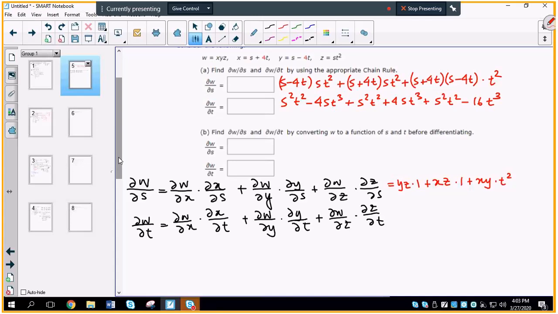So these are all the terms that I'm expecting once I have FOILed and distributed everything. What else? Well, you can combine terms. As you can see, I have 3s squared t squared, minus 4st cubed plus 4st cubed will cancel each other, and I will have minus 16t cubed.